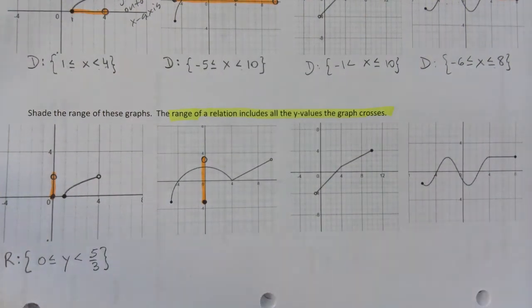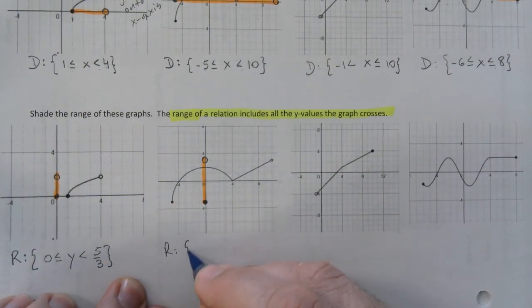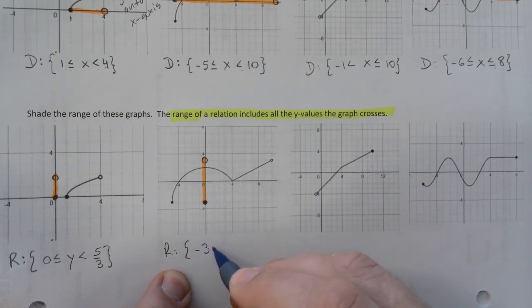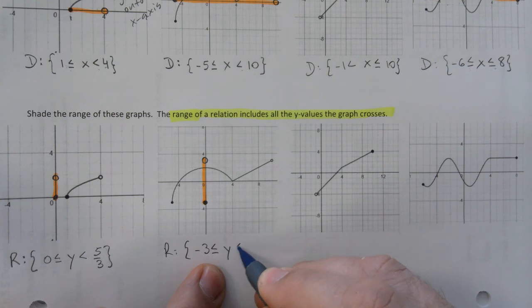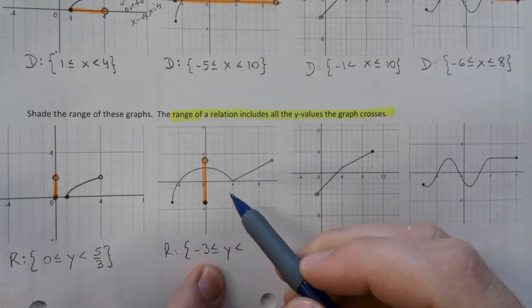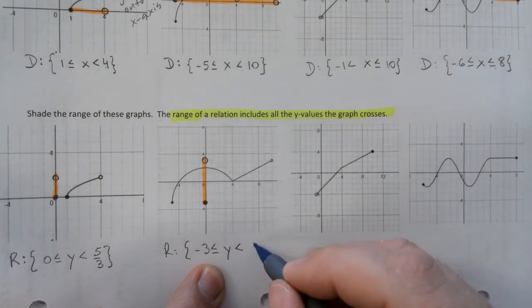So the range here, I'm going to start with the bottom always: -3 less than or equal to y, less than 3, not included, right? I'm not including the top here, which is also 3.